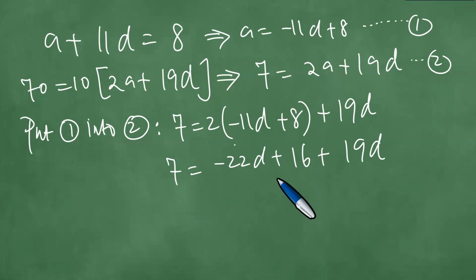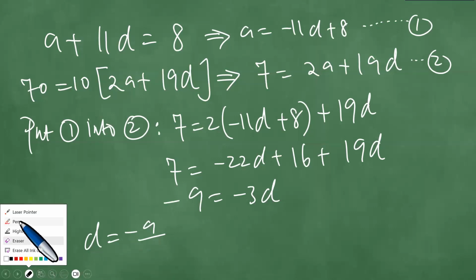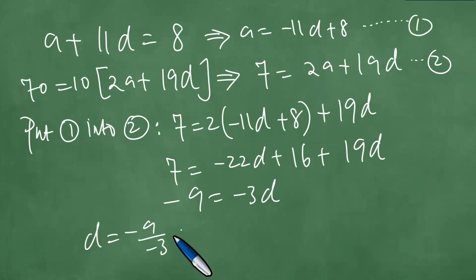What is 7 minus 16? It's minus 9 equals minus 3d. Minus 9 over minus 3, so d is 3.